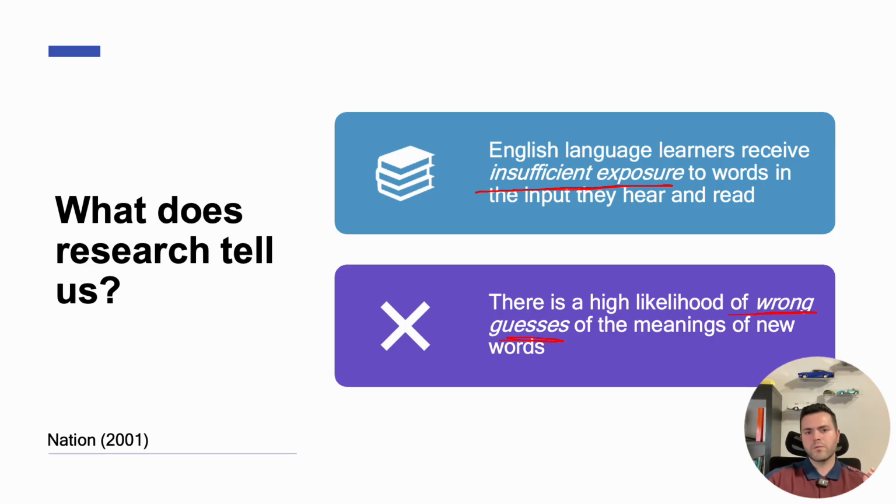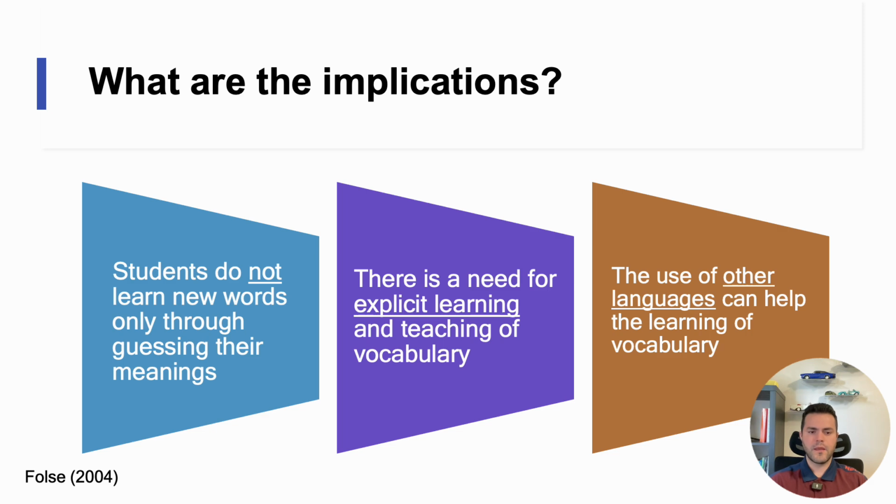So what does that mean for us as teachers or material developers? Let's take a look at the implications. These findings from Folse 2004 give us three important takeaways. First is the role of guessing.